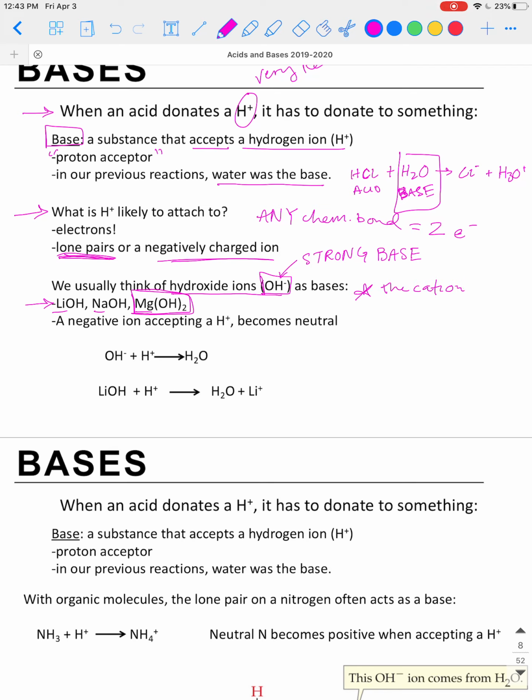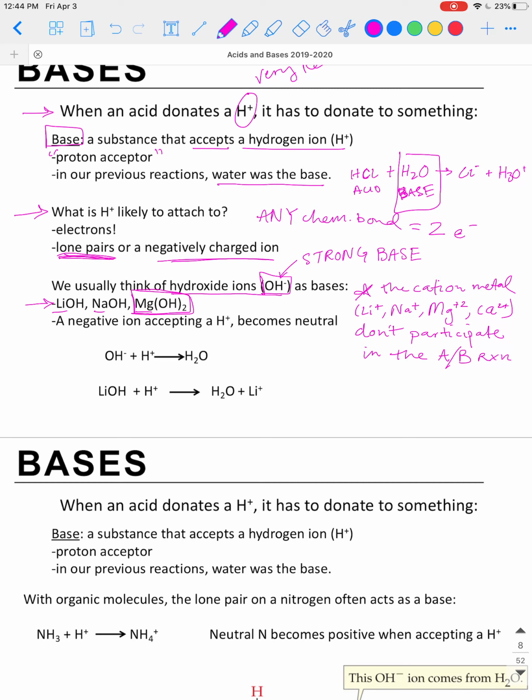We're going to find the cation metal. Here, the examples we're given are lithium, sodium, magnesium. You could have calcium. Okay, they don't participate in the acid-base reaction.